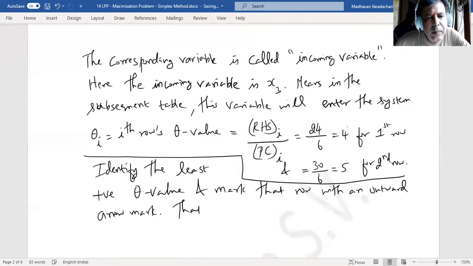That row is called pivotal row, or key row.